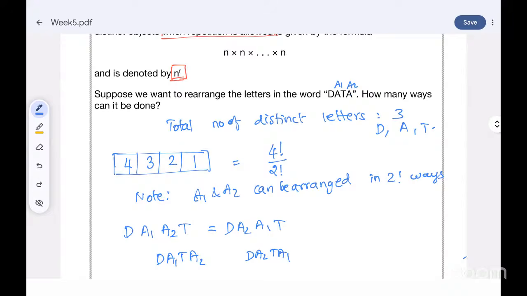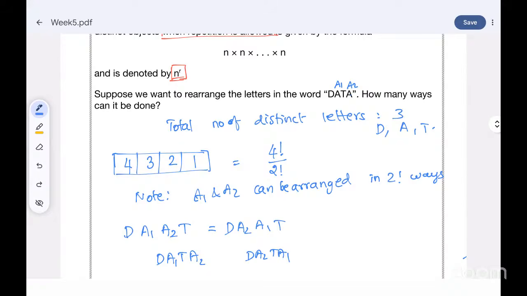Suppose there is another pair, A1 D T A2. If you were subtracting, then we would have to also subtract that. So can we say that if we are dividing by 2 factorial, then for every combination that has been made, like A1, A2, those will be eliminated? Yes. Okay, good.